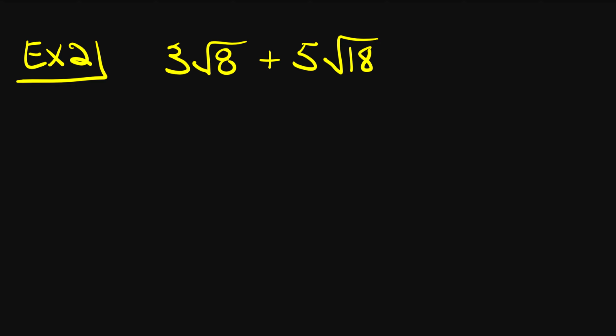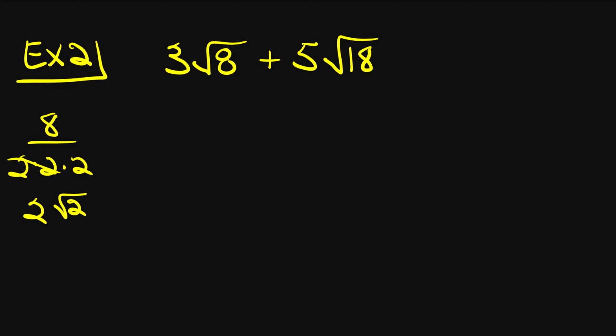Our number here is 8, and I've got to break that down, and I know that's 2 times 2 times 2. For every 2 of the same number, one 2 comes out, and the other 2 stays under the radical sign. So I've got 2 root 2.